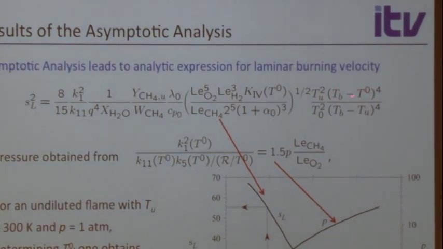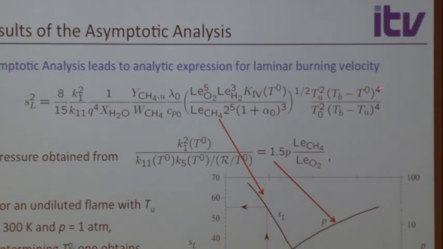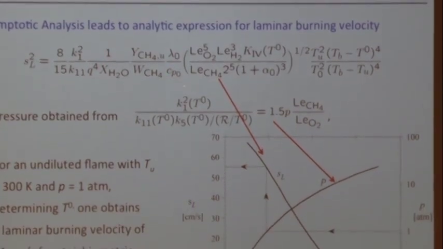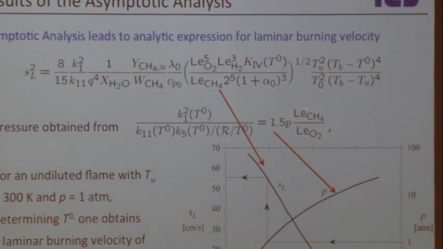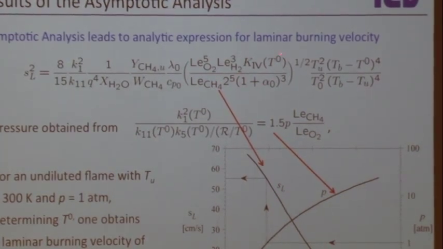So earlier it was TB minus TU. We said the same thing. Here it's just written in non-dimensional form. You have the lambda over Cp. You have this here. This was our diffusion coefficient. And then there's a lot of stuff here that involves the chemistry. And maybe also here some Lewis numbers. Now, you see this involves the inner layer temperature.